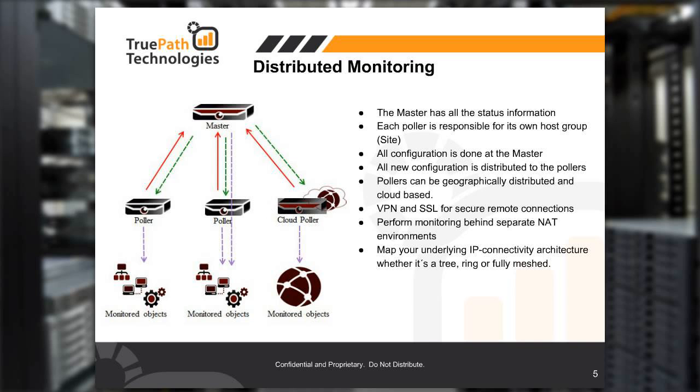So distributed monitoring means that you have sort of the top machine here, which we're going to call the master, and you have these remote pollers. Now these pollers can be thought of as sort of self-contained units. So we have the master sitting in New York, and on the other side of the country we may have a poller.